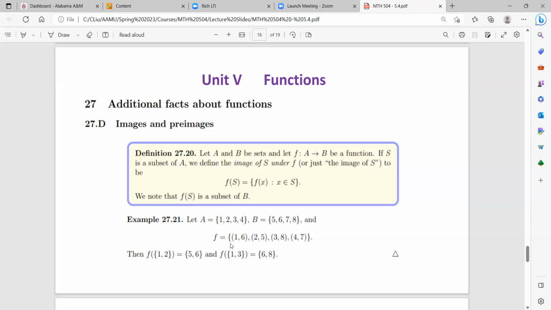So you can talk about the image of any subset of the domain A. For example, the set {1, 2} is a subset of domain A, then f of that subset will be {5, 6}. And similarly, f of {1, 3}, another subset of domain A, will be {6, 8}. Just look at the images of the elements in this subset, and we get another set. So very simple.